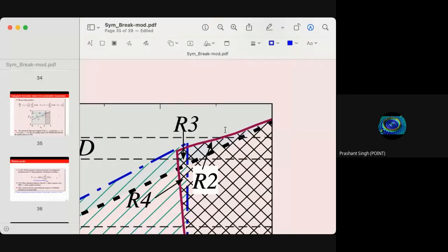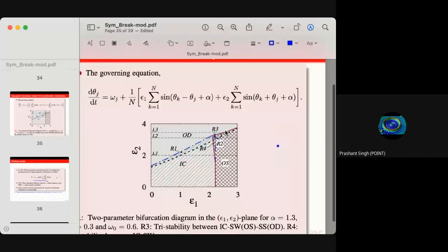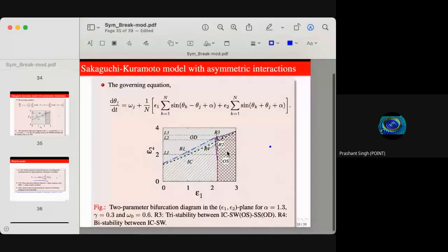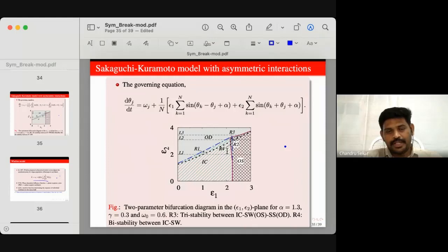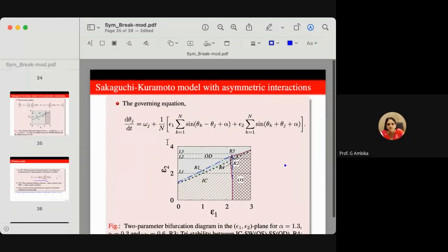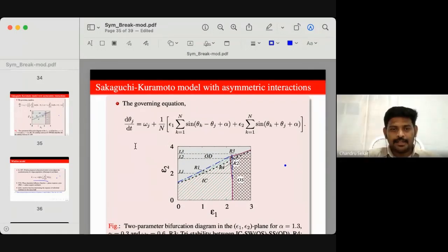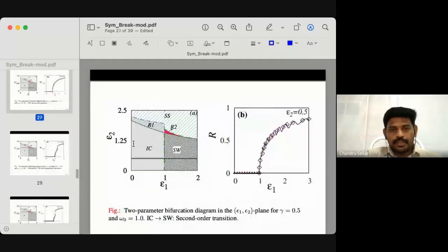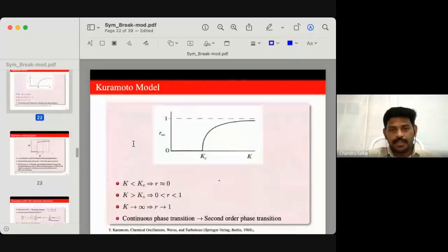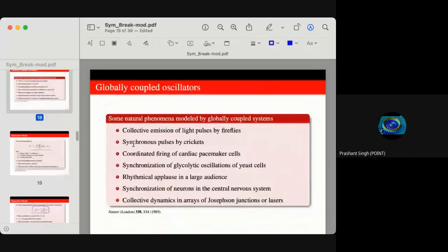Okay, sir. The physical examples would be there, right? Because mathematically I can see here, is there any physical example that I can assume of tri-stability? Yeah, you can go for any nonlinear model. This phase diagram is valid for mostly all weakly coupled nonlinear systems. That's the main point.